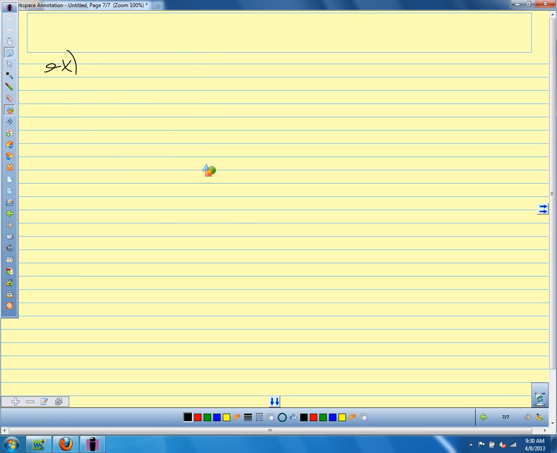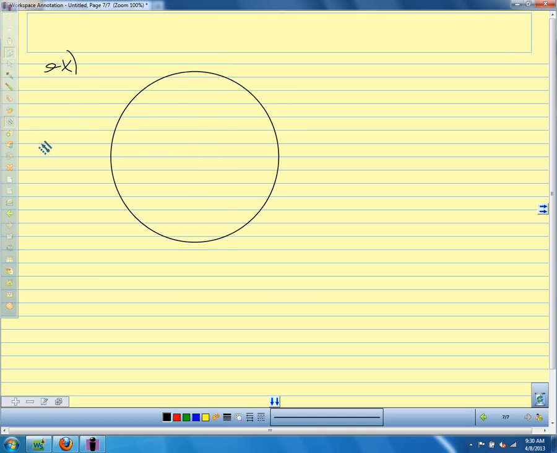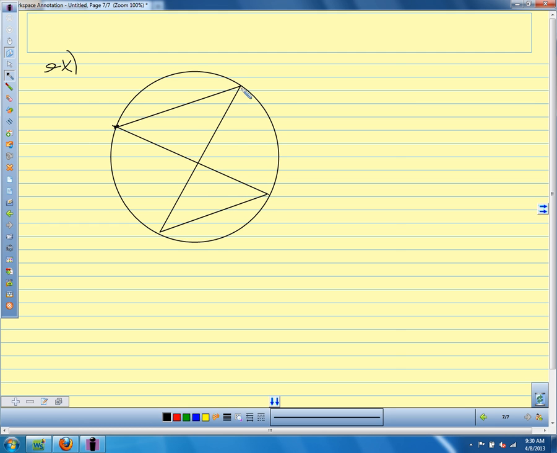So here's our picture. And we'll label our points. I'm going to call this one A, C, D, and B. We know that this is 24 degrees.